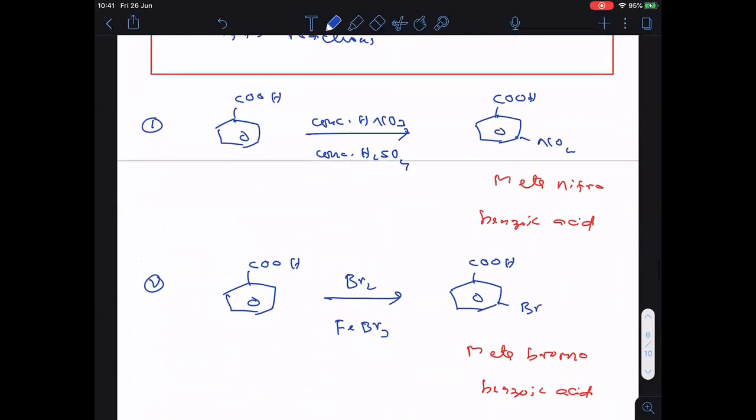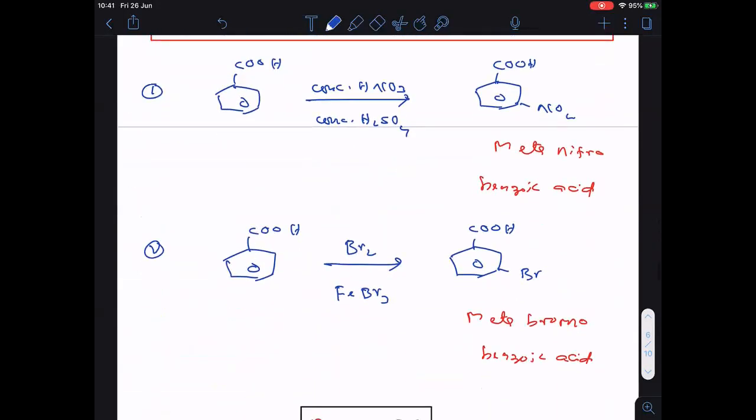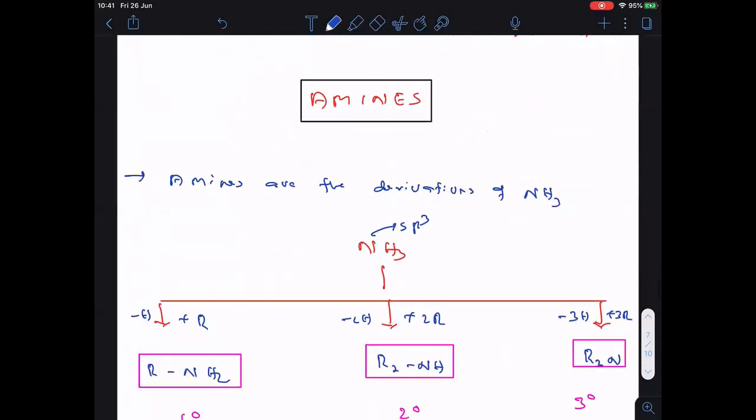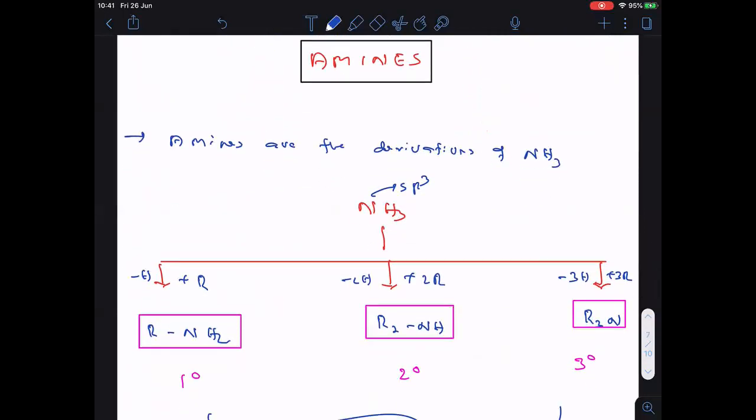Then I took examples here. Then I started amines, which are derivatives of ammonia.